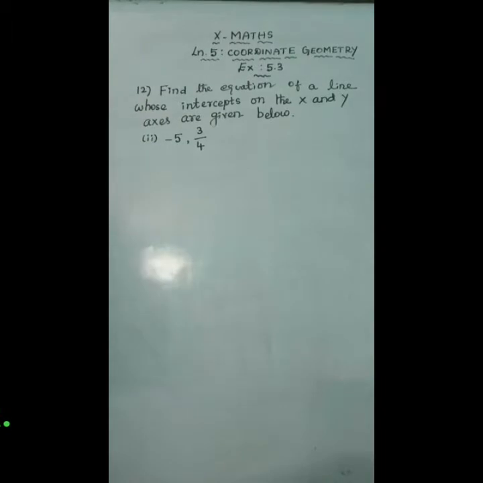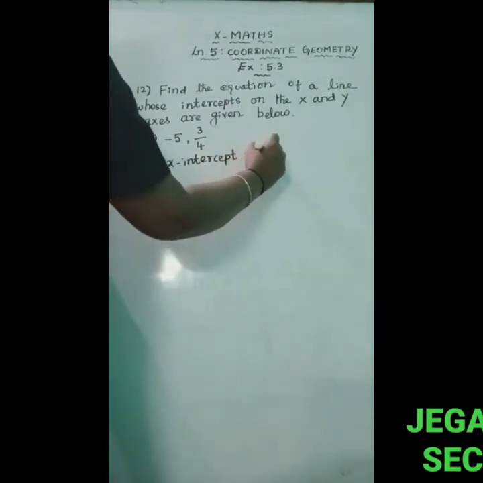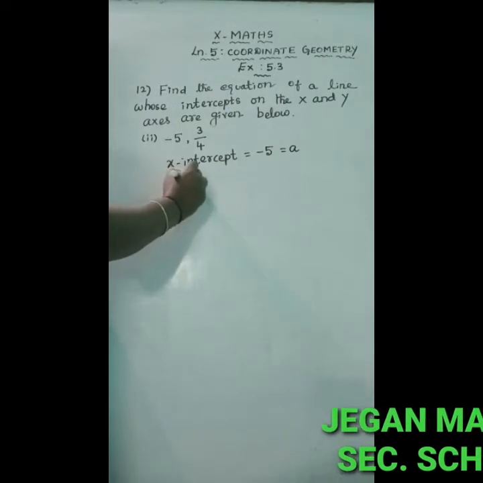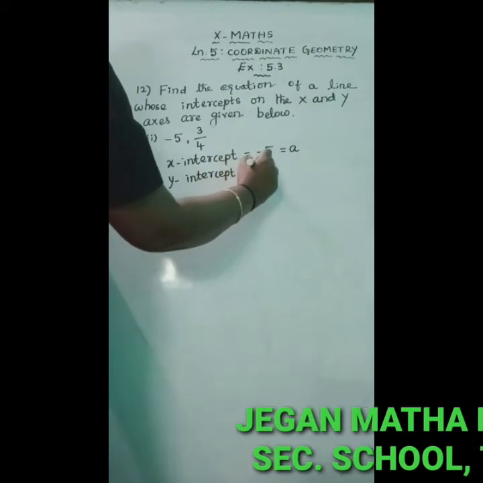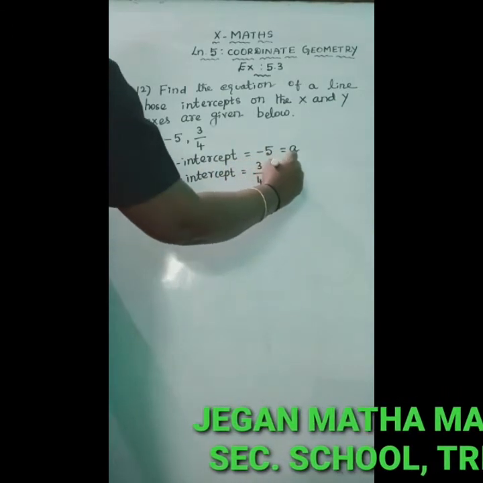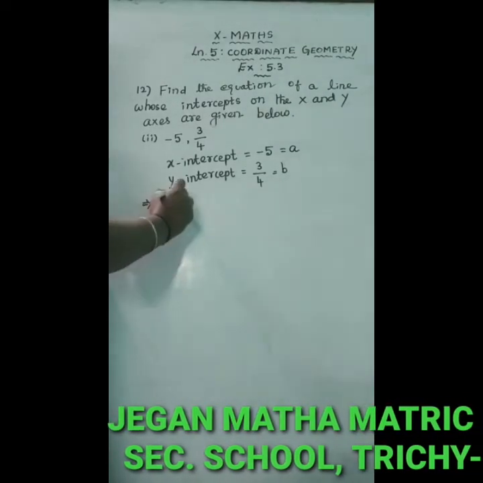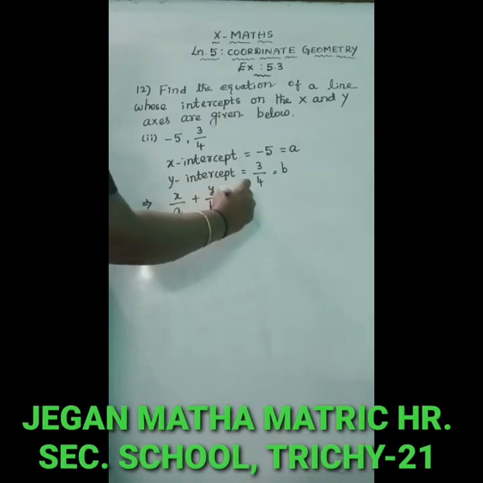The second sum given is minus 5 comma 3 divided by 4. Here we consider x intercept is equal to minus 5, that is A. Then y intercept is equal to 3 divided by 4, that is we consider B. So, the equation of a line in intercept form is x divided by A plus y divided by B is equal to 1.